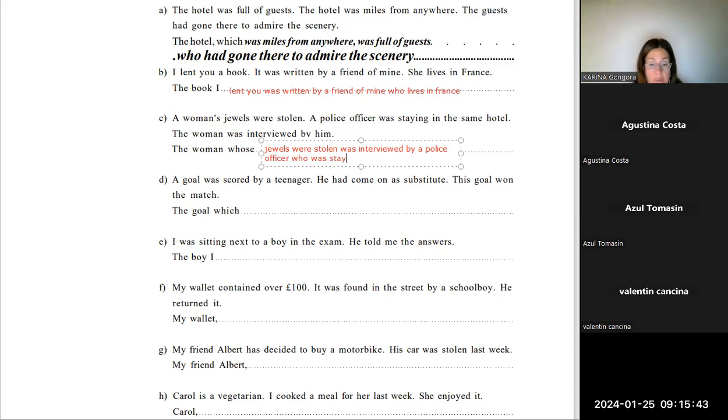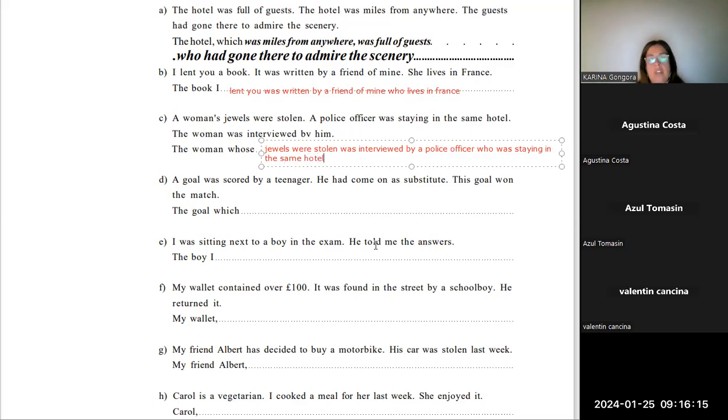Be careful with this, people. Also, I will pay attention to this part, right? Was staying in the same hotel.